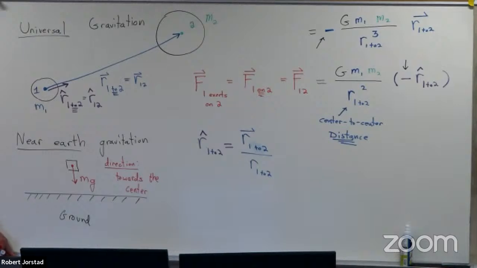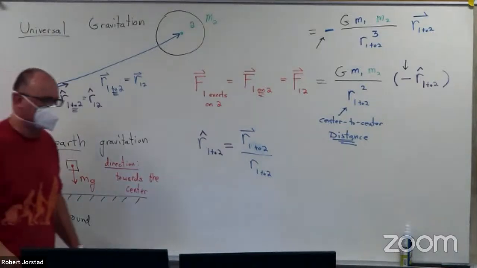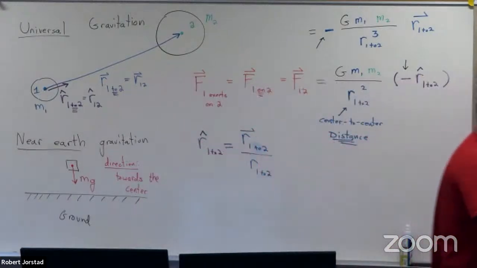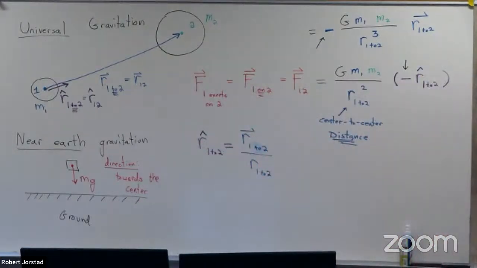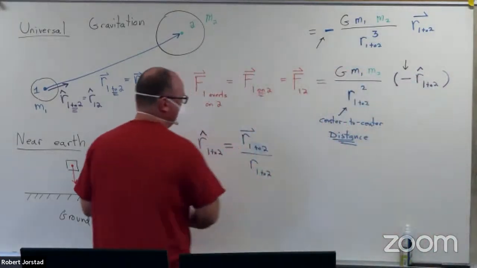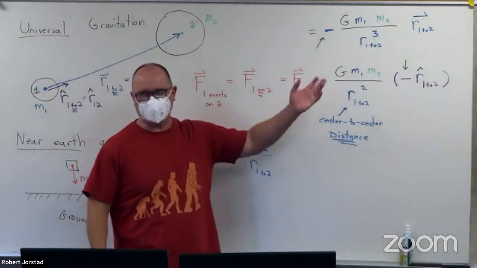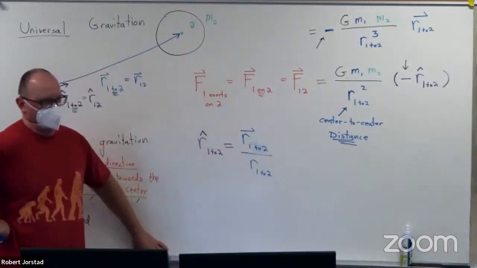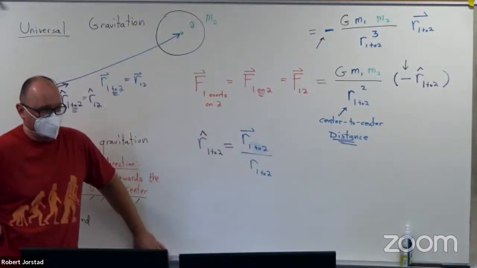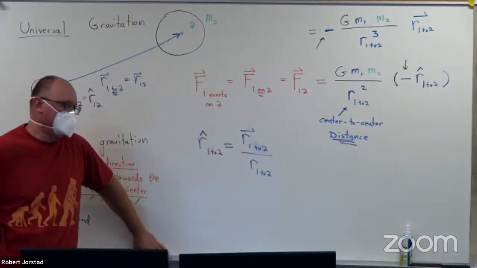Yes, question. Could we just say r? It's a distance, so it doesn't have to be 1 to 2. Yeah, you could. But in my experience, I like to describe this thing. So what he's saying is, could I just use r squared here? Absolutely. But what if you're coding this like you're going to be doing tomorrow in lab, and you have 3 of them?